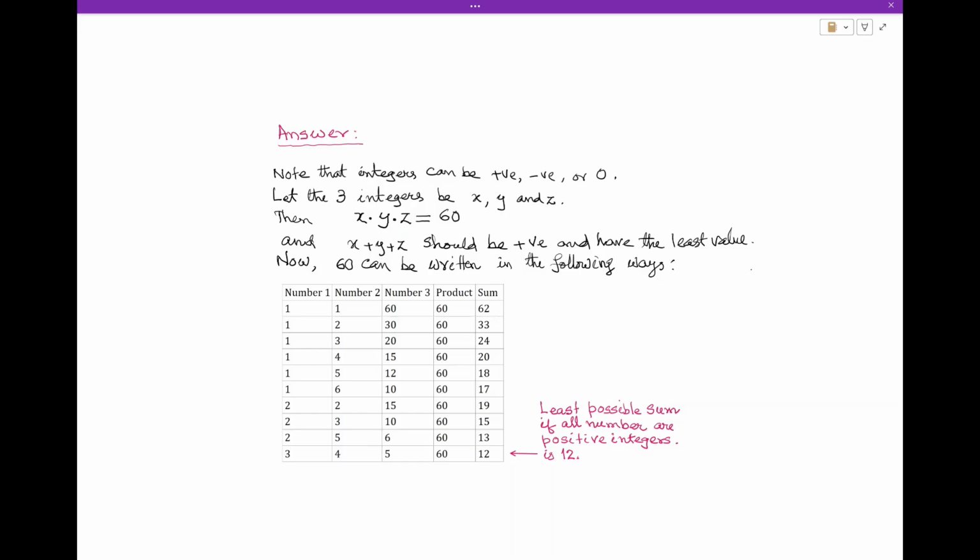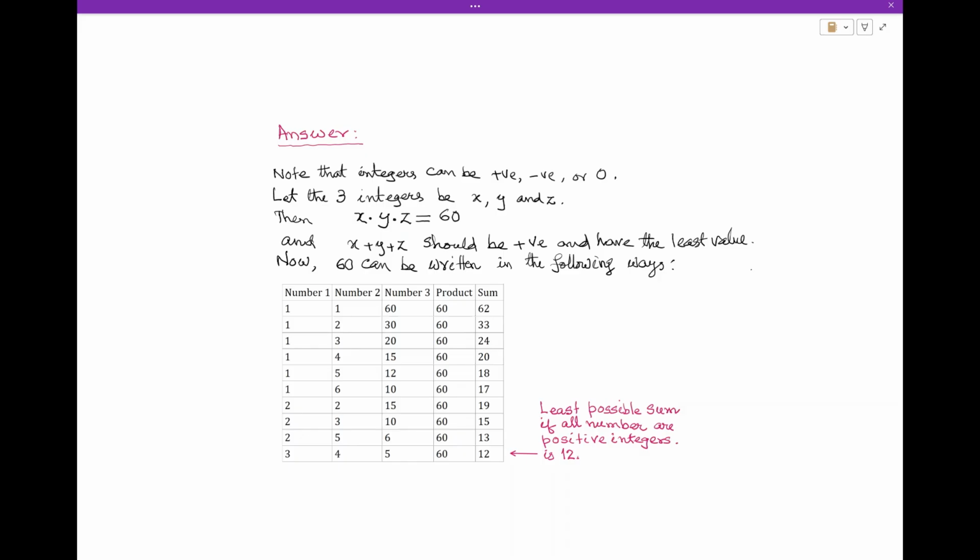Obviously, one of the integers cannot be 0. And since x plus y plus z would be positive and have the least value, we can write down how this can be achieved in the table given below.